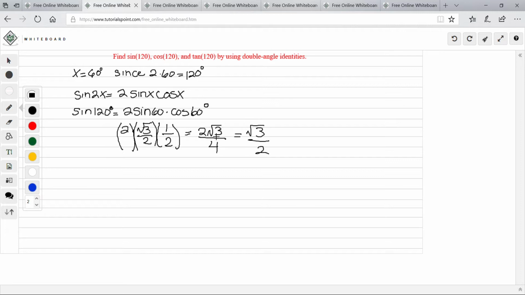Now let's do the cosine of 120. I'm going to use this identity, cosine square x minus sine square x.